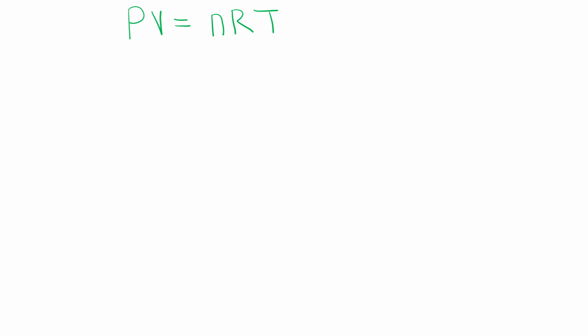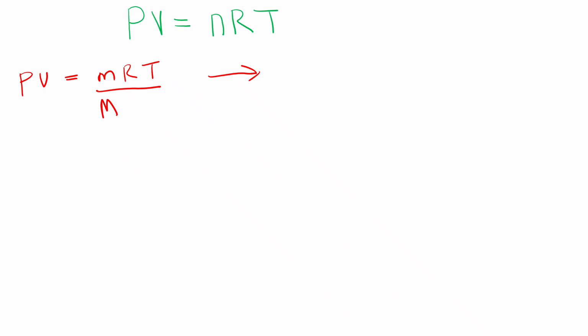Earlier on, when we were creating the version of the ideal gas equation for density as the subject, we discussed how we could substitute a lowercase n for amount in moles for the fraction that we usually use for calculating the amount in moles, which is the mass of the sample, lowercase m, over the molar mass, capital M. So for the first part of this conversion, we can write P times V is equal to lowercase m for the mass of the sample times R for the ideal gas constant times T for the temperature over capital M for the molar mass.